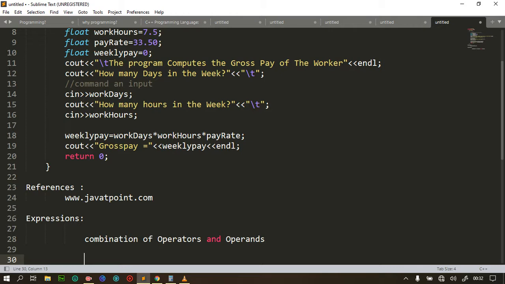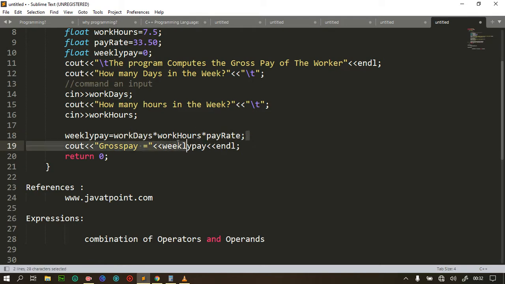So in this section we introduce operators, and we introduce something about operands. Generally we talk about expressions. An expression is any computation which yields a value.